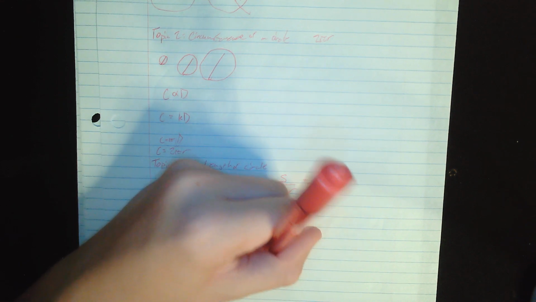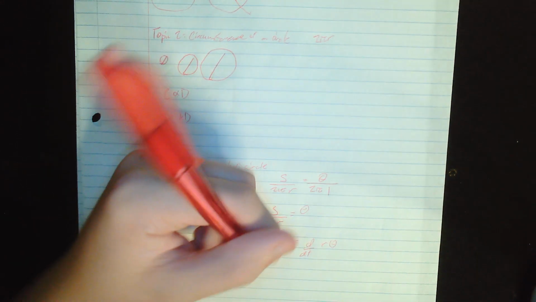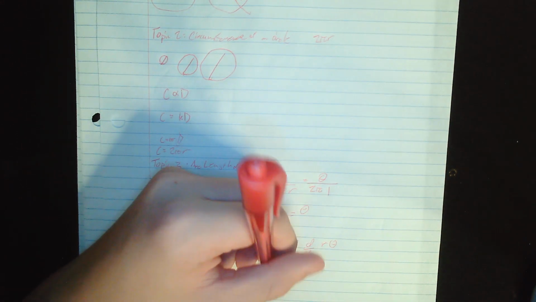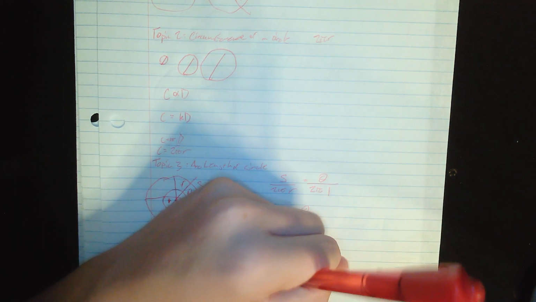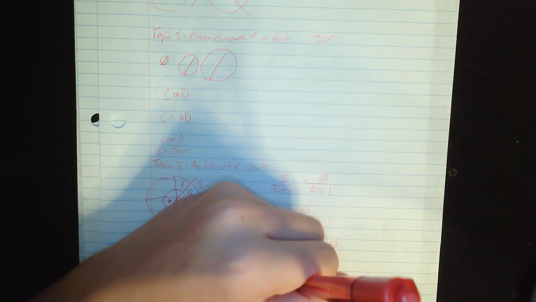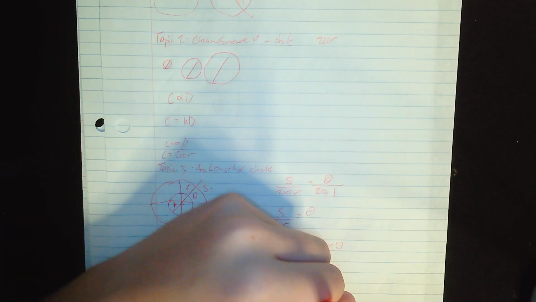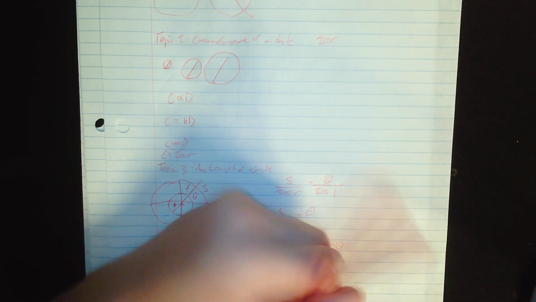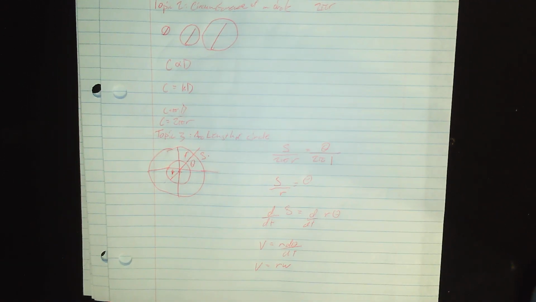We can differentiate this in terms of time, so d over dt of s is equal to d over dt of r theta. And this arc, in proportion to time, we can refer to as the velocity. So the velocity is r d theta over dt. So we can refer to it as r omega, and that is our solution to that.